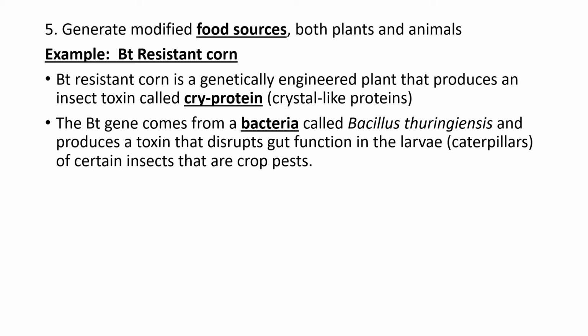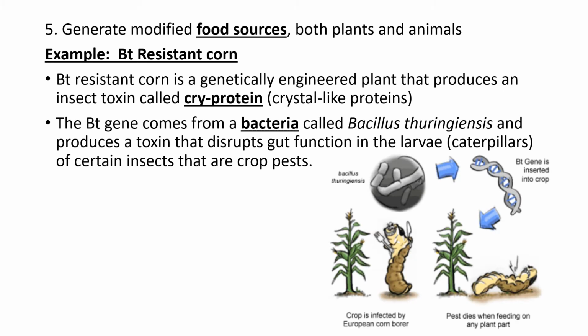So it's a bacteria that normally produces a toxin that would make it so that larval stages, which in the case of a butterfly would be a caterpillar, can't digest food properly. So this is targeting ones that would be crop pests, for example, things that would be eating corn, and putting that toxin into the leaves of the corn so that those larvae can't eat it.